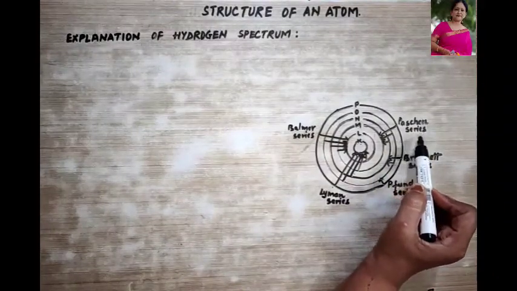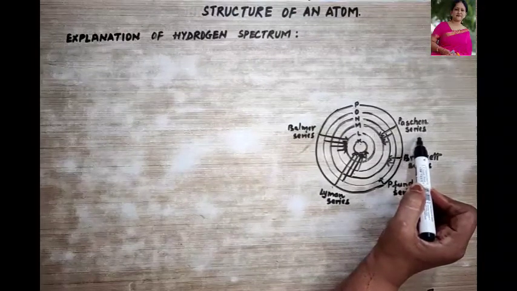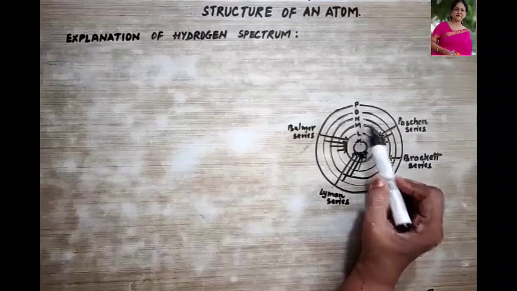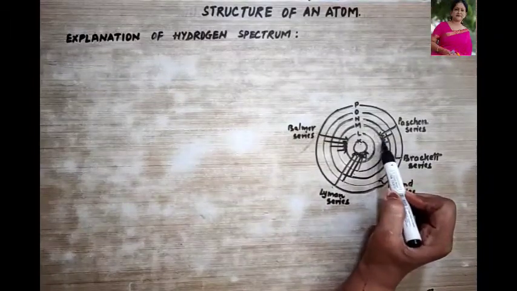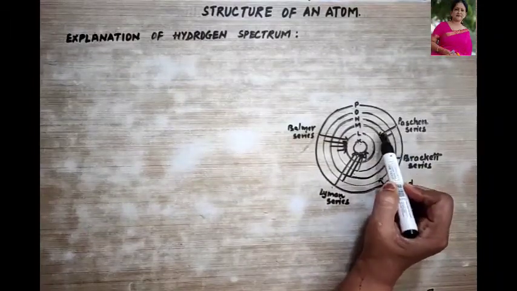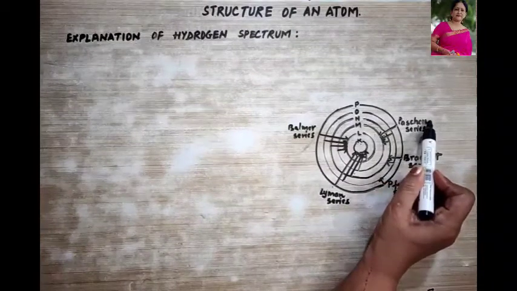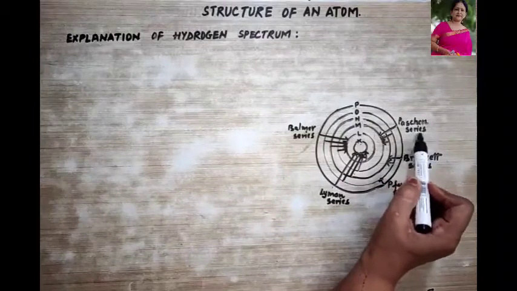It is going to return to which one? It will return to the first, second, third one. Okay, third energy shell. When the electron returns to the third energy shell, then it is always going to form which series? Paschen series.